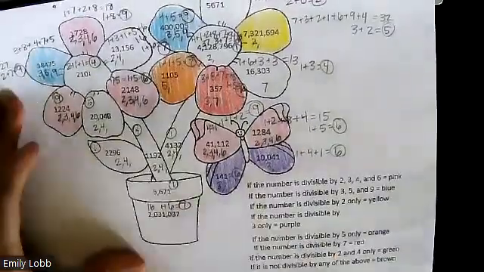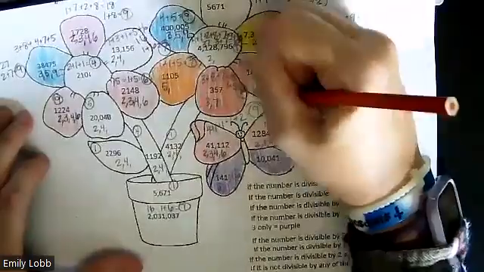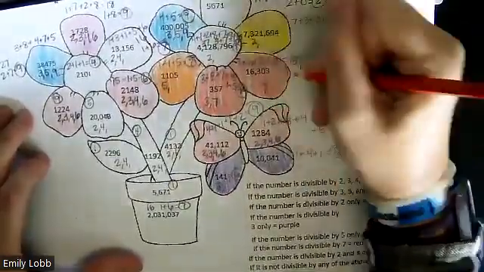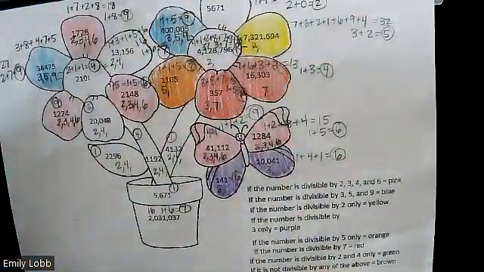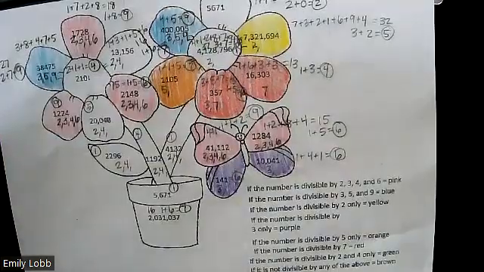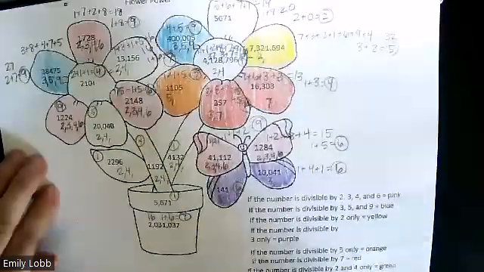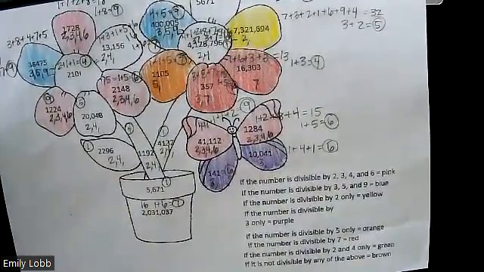It just says if it's divisible by 7. There's no only there. But you're right, some of them did say only, just not that one. Oh wait, what else? Oh, we didn't check this one for 4. 96 is divisible by 4. So that is 2 and 4 only, which is going to be green.